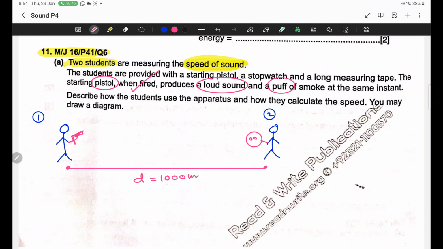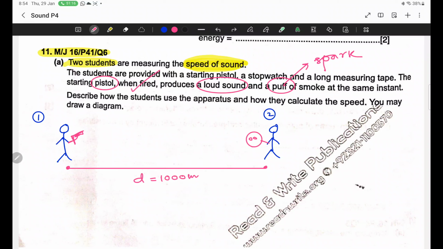Obviously, when the bullet is fired, a loud sound is produced as well as a spark or a puff of smoke. You know, sound takes time because sound travels slower, whereas a spark means light, and the speed of light is so fast it does not take time to travel the 1000-meter distance.